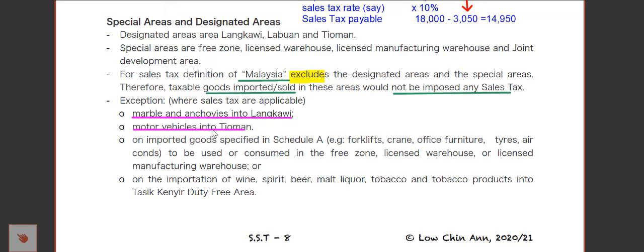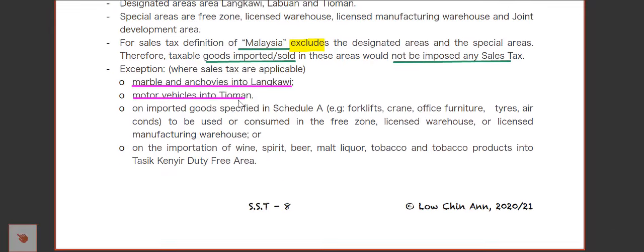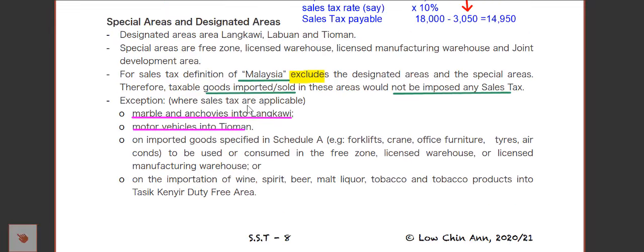Now if you import something listed in Schedule A that will be used in this kind of licensed warehouse, for example, you buy a forklift, you realize that the forklift will still have sales tax. Now all these are examples of special area and designated area, but they do have sales tax on certain exceptional items.